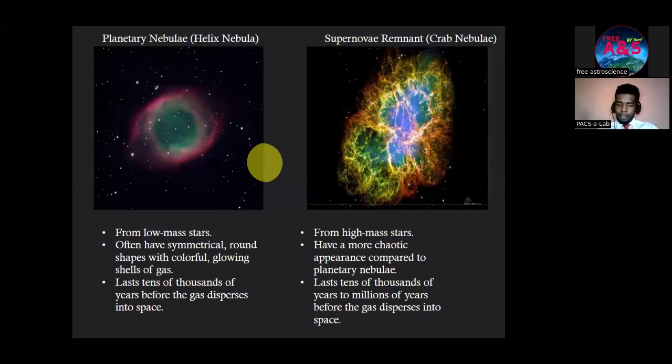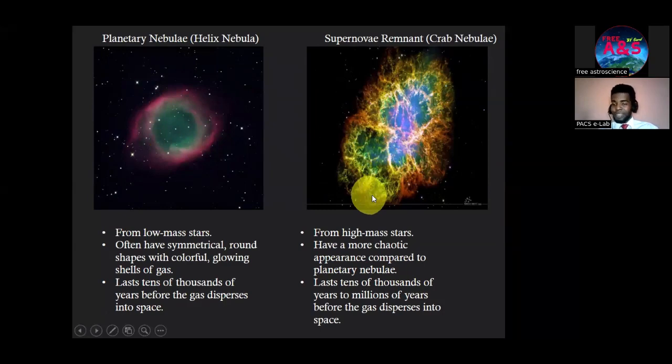Another difference is that planetary nebulae often form symmetrical round shapes with colorful glowing shells. Look at them; they are symmetrical, organized in a way, and you can only find hydrogen, oxygen, and helium. This red line is hydrogen.